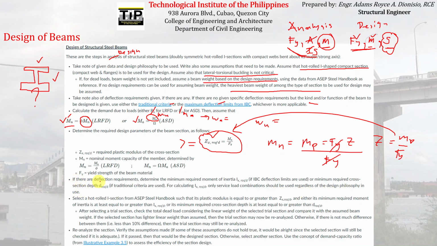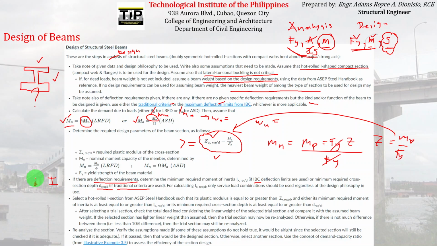So if there are deflection requirements, in addition to this Z, you also have to compute the minimum moment of inertia if the deflection requirements refer to IBC, or if the deflection requirements refer to the traditional criteria, you have to check for the minimum section depth D.